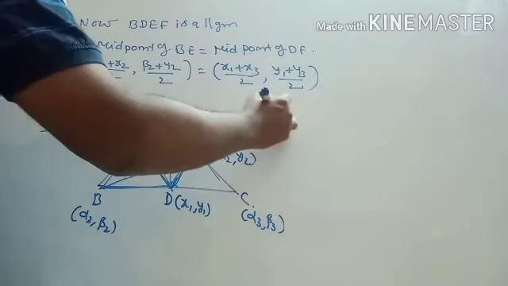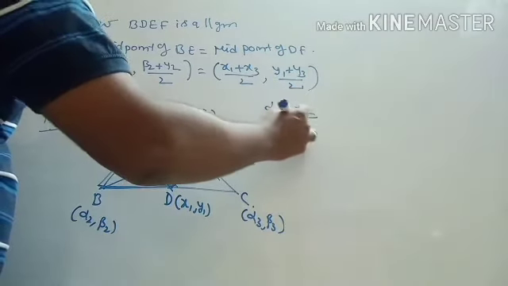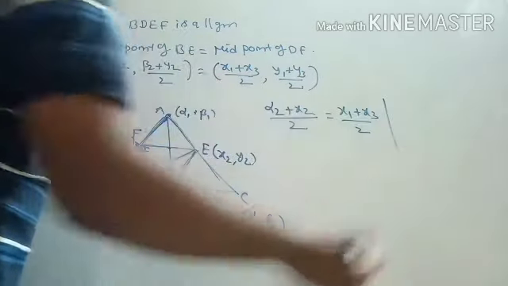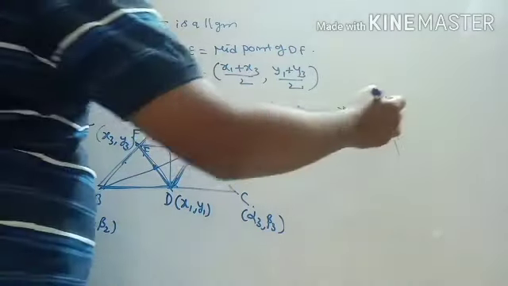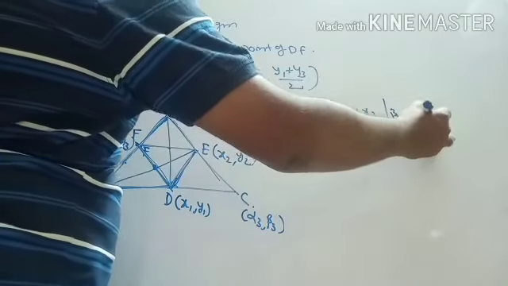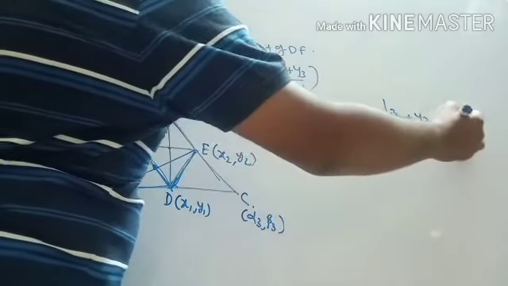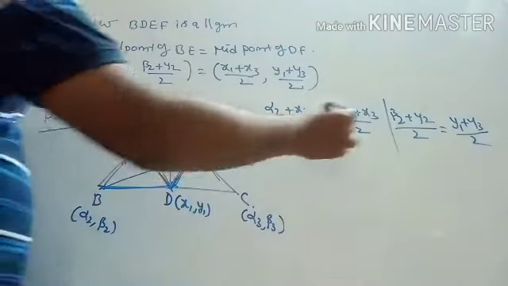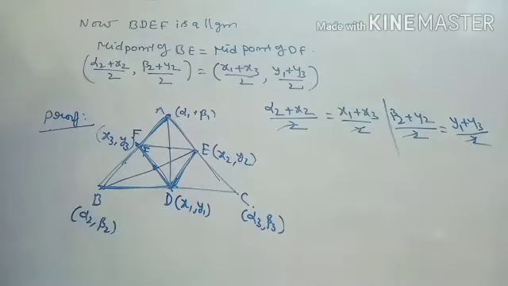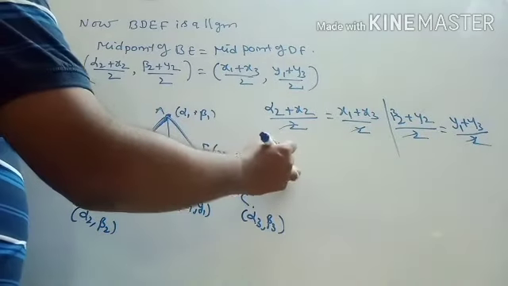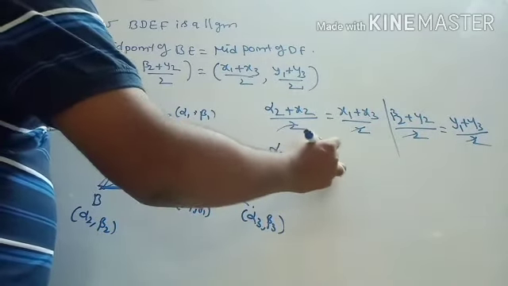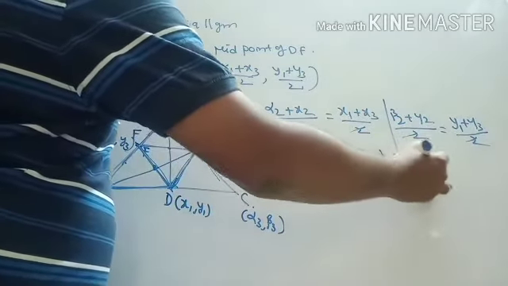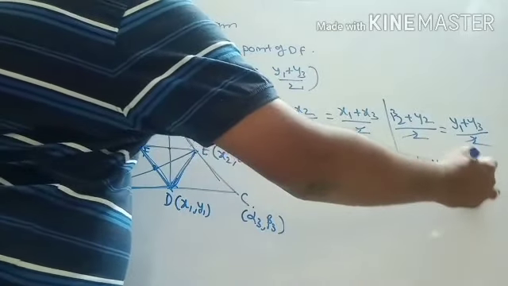That means you are going to get (alpha 2 plus x2)/2 is equal to (x1 plus x3)/2, and the other one, (beta 2 plus y2)/2 is equal to (y1 plus y3)/2. Now we can cancel these two in the denominator. From that we got alpha 2 equal to x1 plus x3 minus x2 and beta 2 equal to y1 plus y3 minus y2.